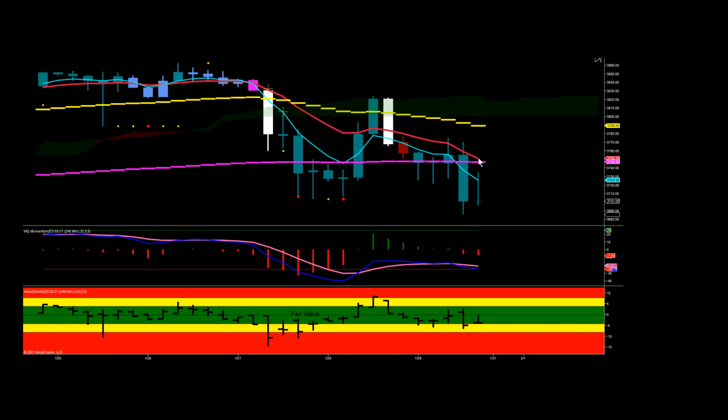5 and 13 crossed to the downside, and then the ES ended up breaking lower for a big part of the day. Got this big push up and then ended up right at the end of the day finishing right down here near the bottom again. Momentum had gone bearish, but lots of price movement range.